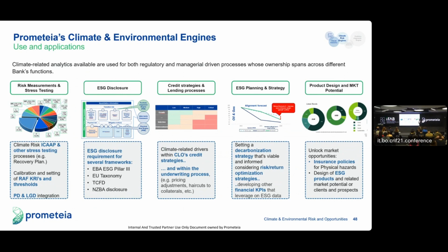We use these for stress testing, because it's very important for the banking industry to be resilient, to be stress tested in order to be sure that even if there are some extreme events, the banking system stays safe.